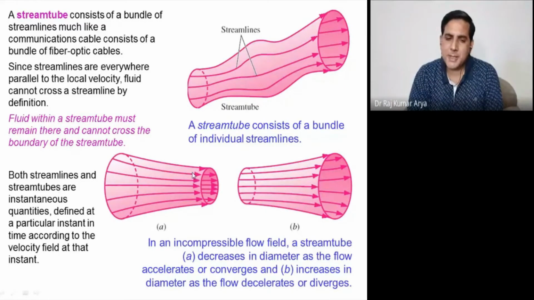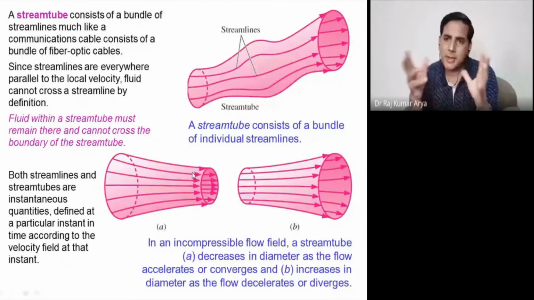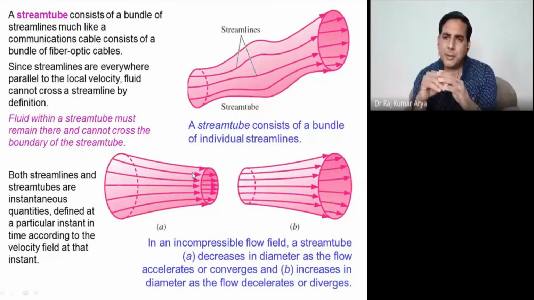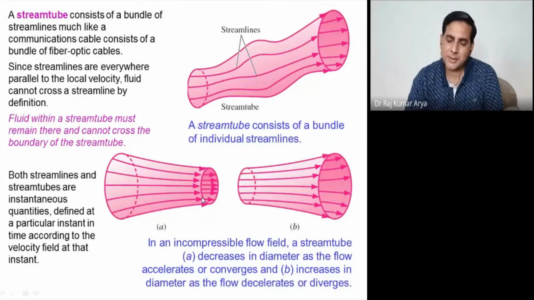They don't intersect, and all the fluid, the entire fluid confined in a particular geometry, it could be this. This is called the reducer. Here you have a big diameter, here you have the smaller diameter. So either you can say the reducer, or you can say the converging section. This means the diverging section, from smaller to the bigger side.